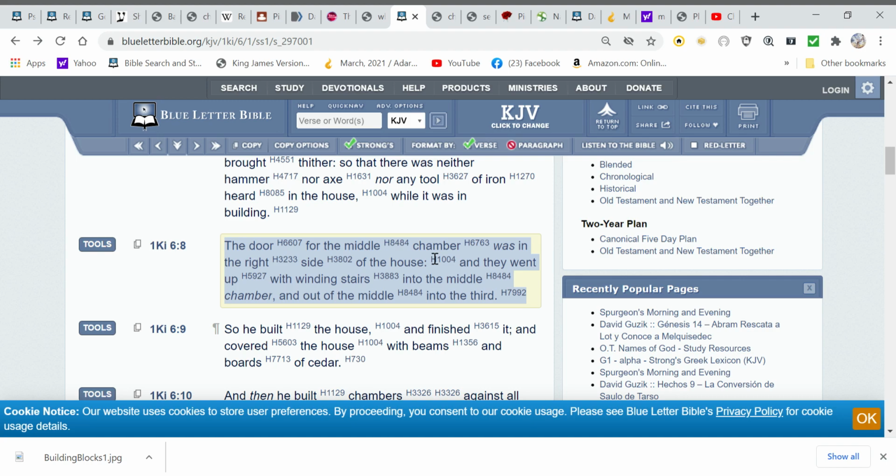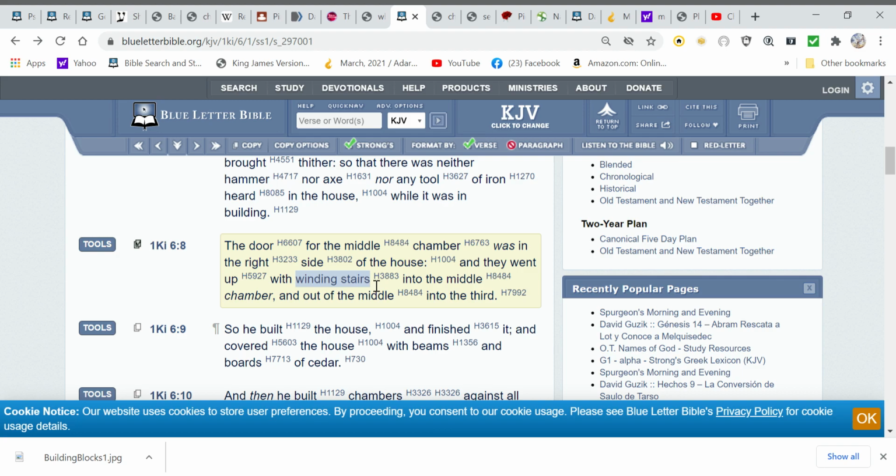The door for the middle chamber was in the right side of the house. And they went up here. Here is the only reference we have, or the only time we will see winding stairs written out in the KJV Bible, okay? But it says, and they went up with winding stairs.